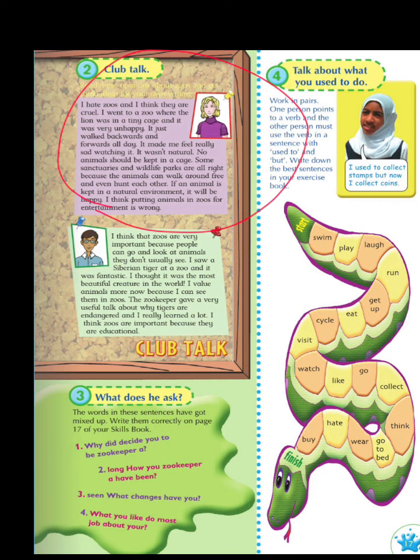Some sanctuaries and wildlife parks are all right because the animals can walk around free and even hunt each other. If an animal is kept in a natural environment, it will be happy. I think putting animals in zoos for entertainment is wrong.